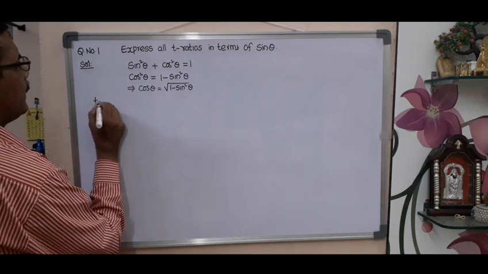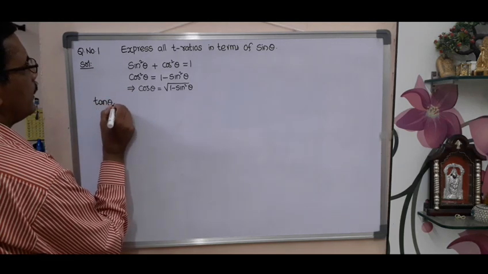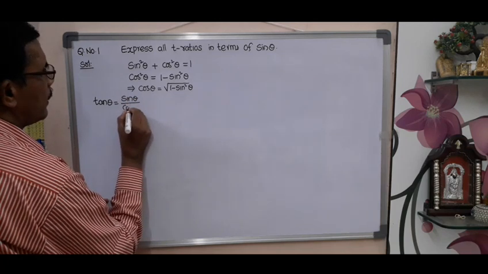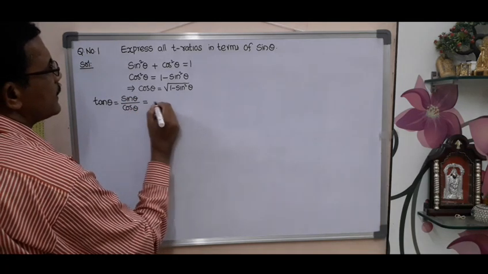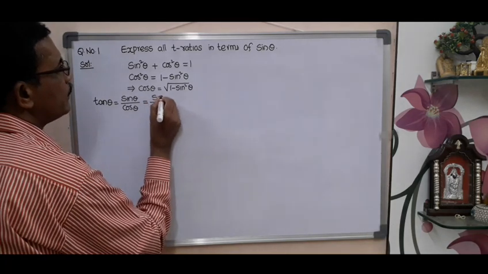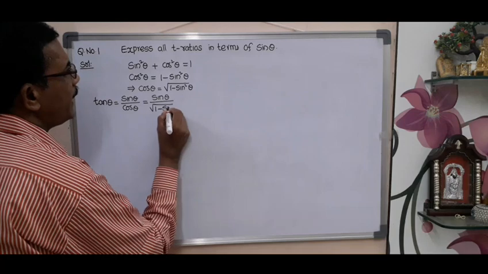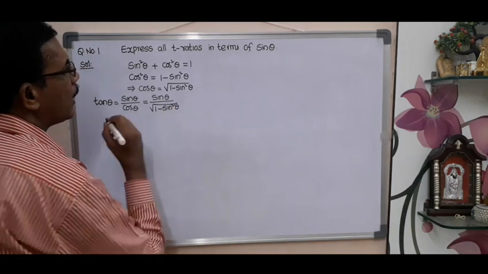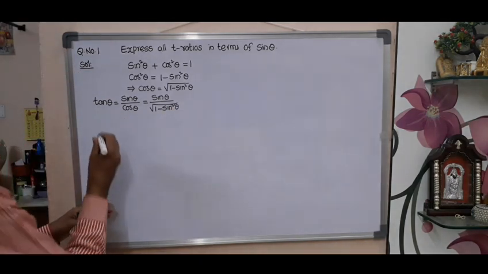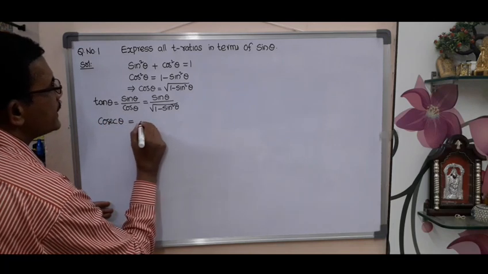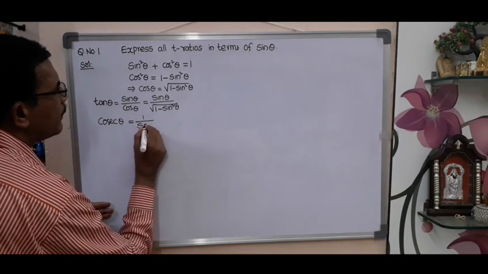Now tan theta is sin theta by cos theta. Sin theta is same, and this cos theta we are writing as under root 1 minus sin square theta. Now cosec theta is the reciprocal of sin theta.